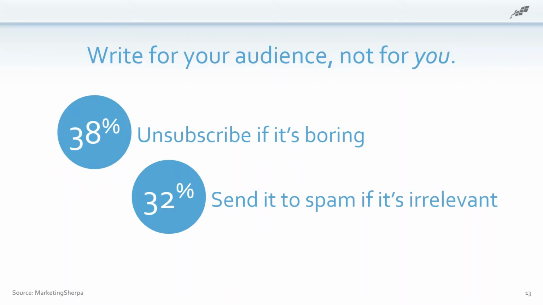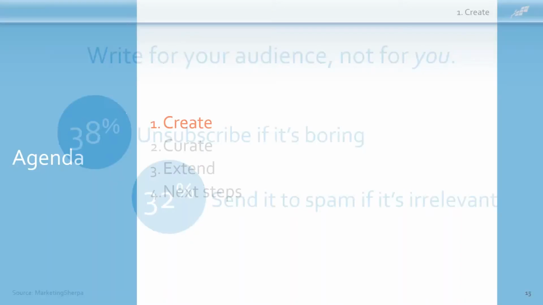Because if what you're sending out is boring, 38% will actually unsubscribe, and 32% will spam you if it's not relevant, and you sure don't want people to spam you. So every single email you send out, make sure it is really, really relevant.